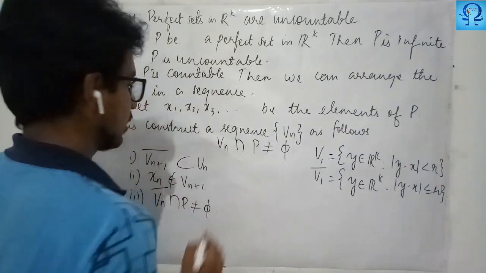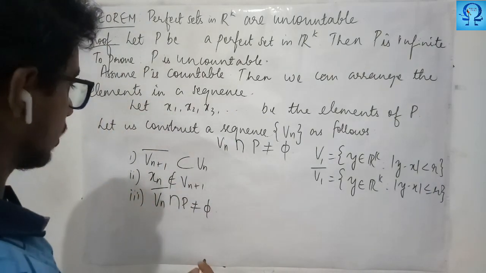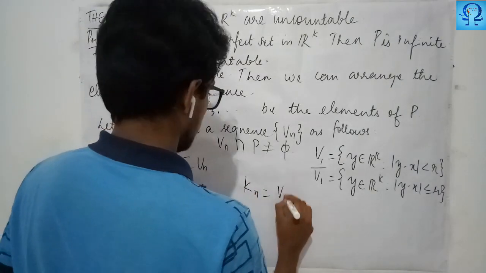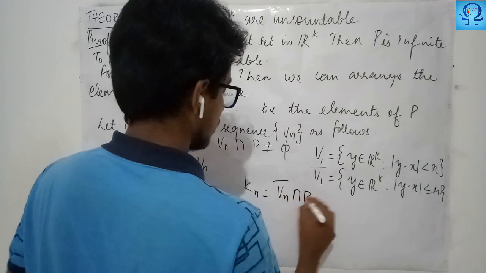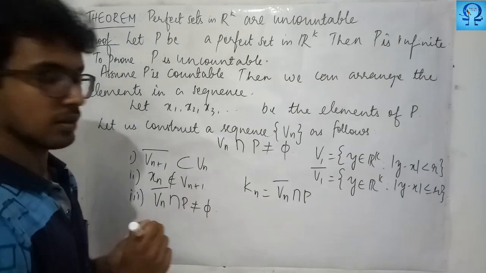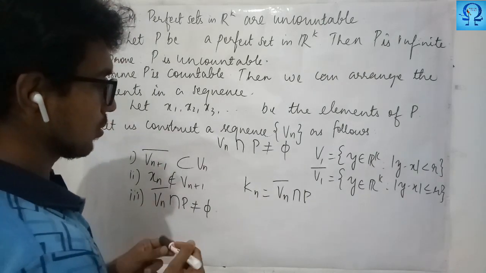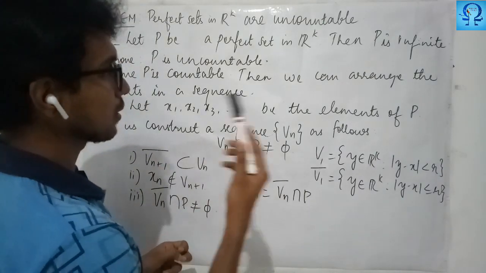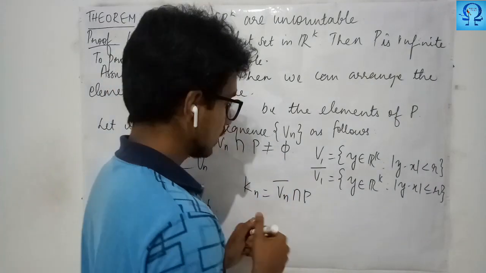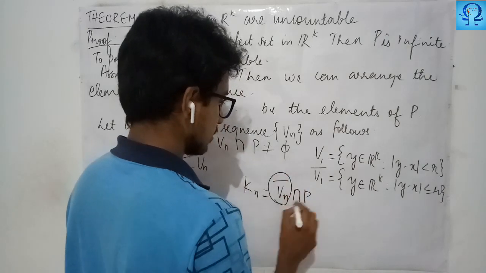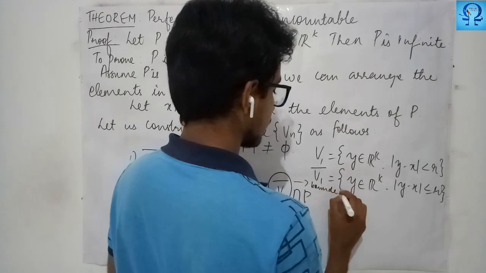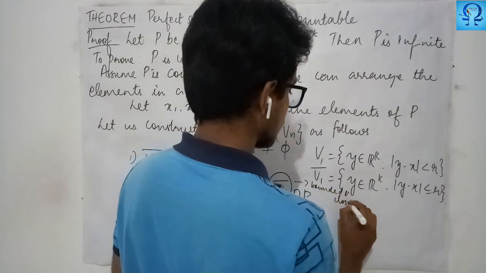Now, with the help of this, we proceed further. Let me denote Kn to be Vn bar intersection P. This Vn bar is bounded and closed.